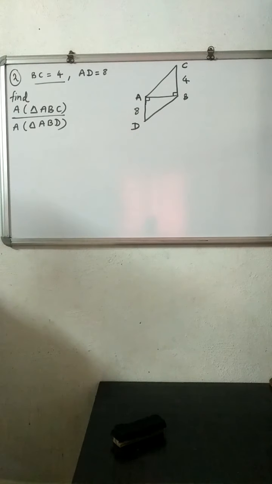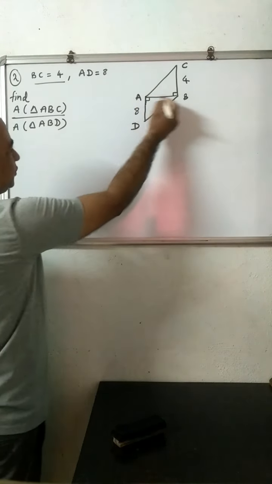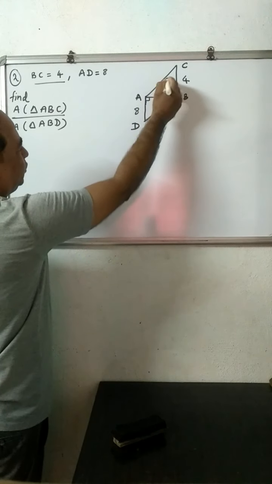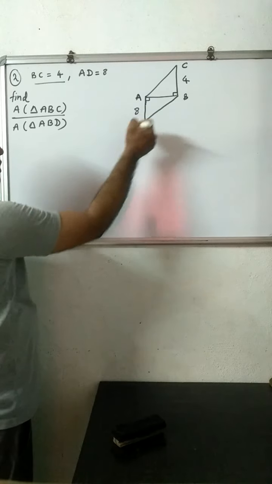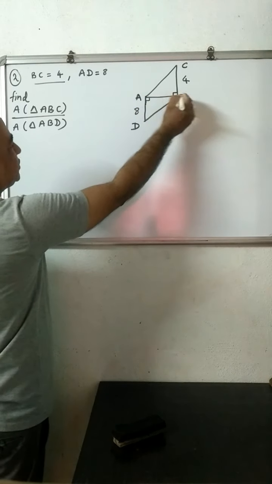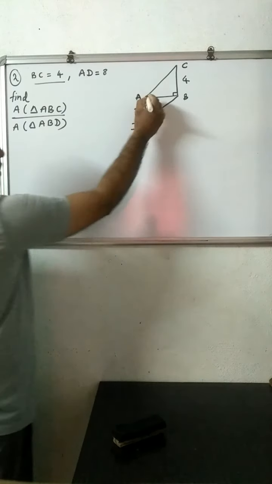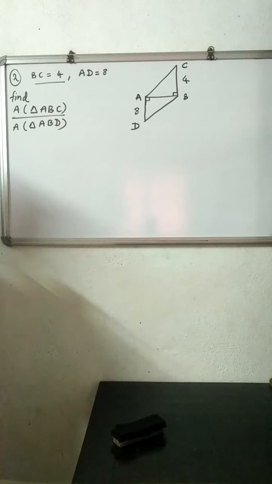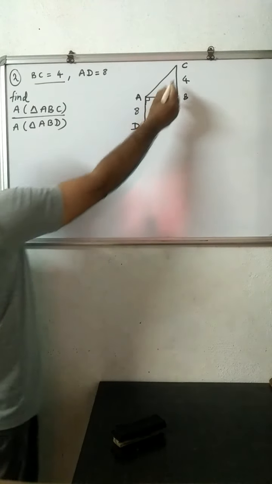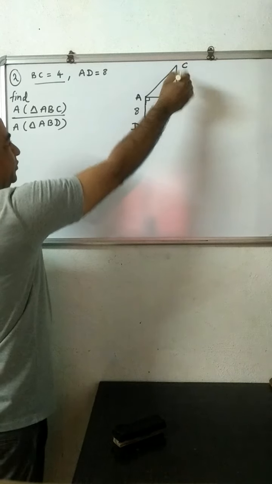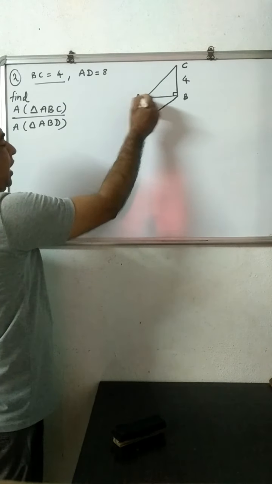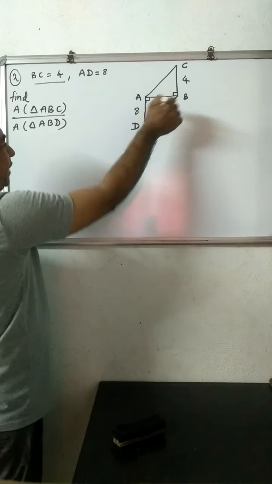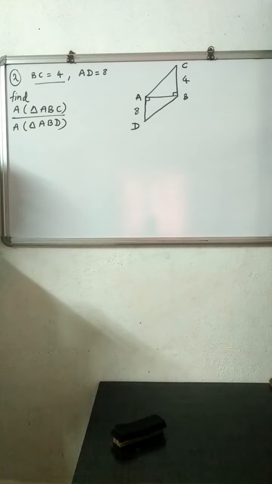Now, if you observe this figure, both the triangles ABC and ABD have same base AB, and their heights are different. Here BC is the height of triangle ABC, which is 4 units, and AD is the height of triangle ABD, which is 8 units.